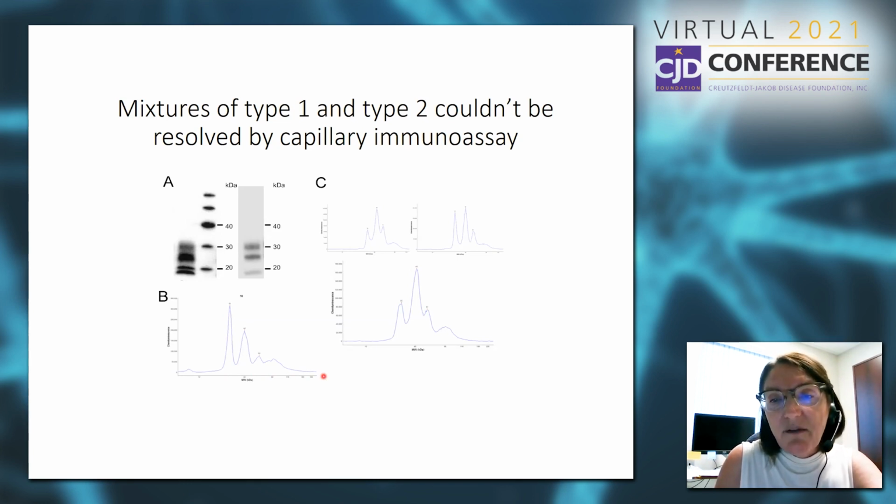We mixed those together, and then we loaded onto the capillary, and the electropherogram showed again a single band, but there was always a slightly wider band for the unglycosylated protein than the sharp peak that we see before. And so our conclusion was that if we have a mixture of bands, we can't discriminate as closely as 2 kilodaltons by the capillary analysis method.